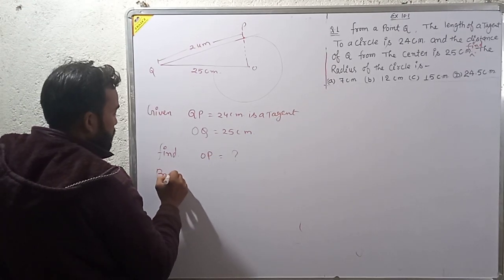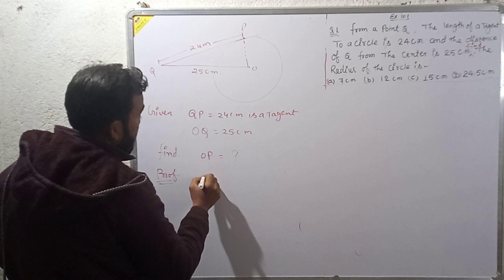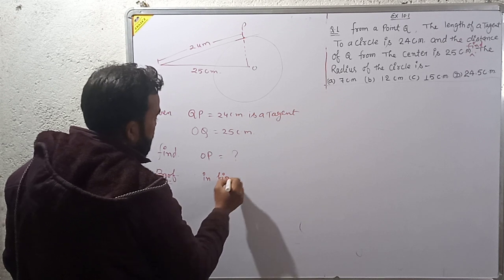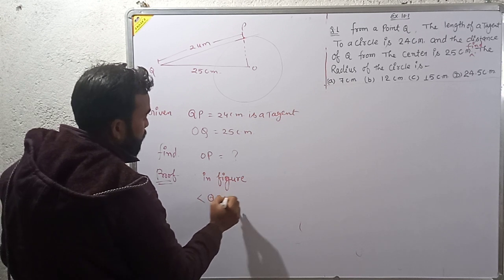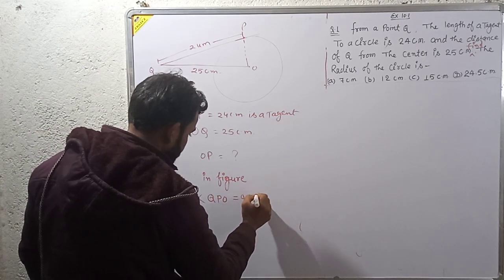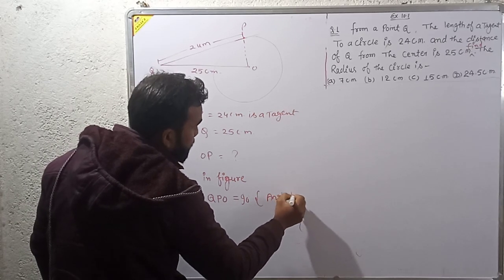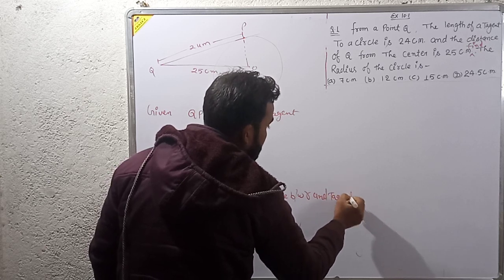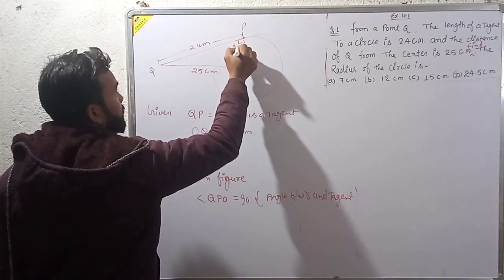Proof: In the figure, angle QPO is equal to 90 degree, because it is the angle between radius and tangent. Clear? So it will be 90 degree.